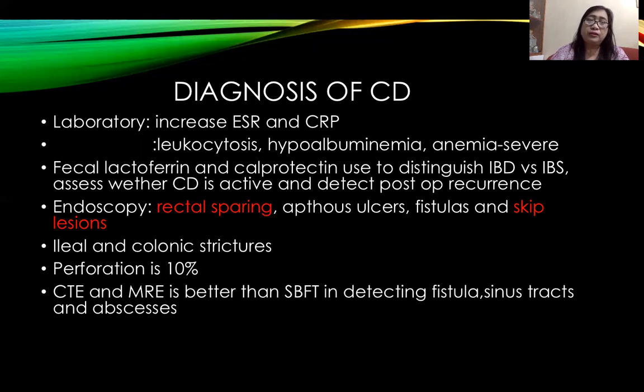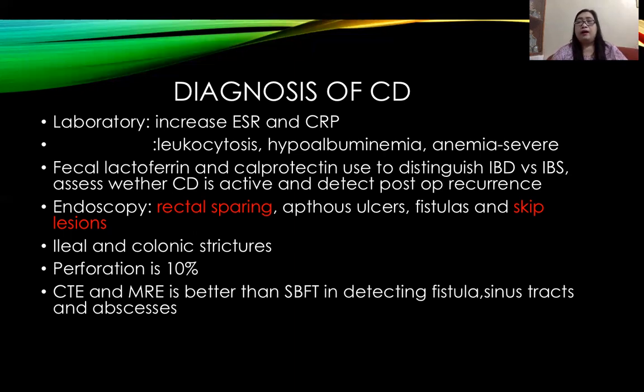when you do colonoscopy, the endoscopic findings, the typical description is that you spare your rectum. So there's rectal sparing. There are obtuse ulcerations and fistulas. And of course, your skip lesions, meaning to say there is normal mucosa while you see these obtuse ulcers and inflammations and stricturing.